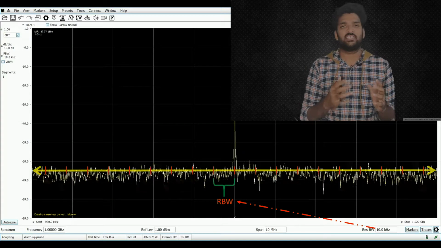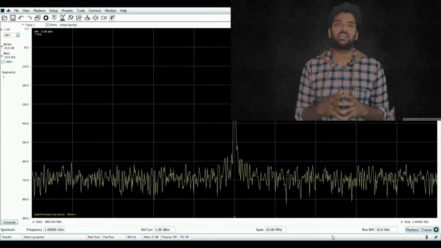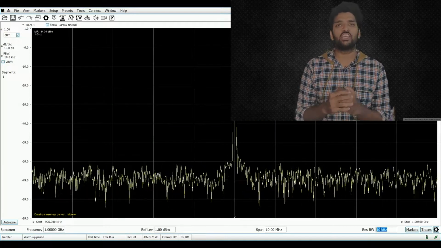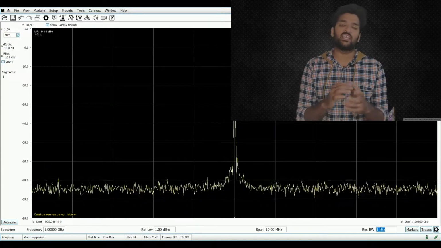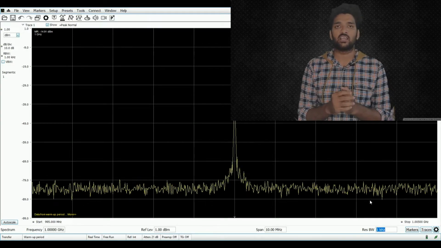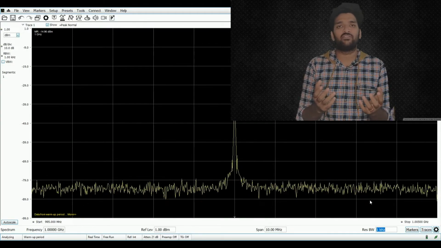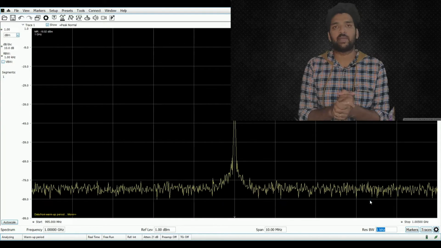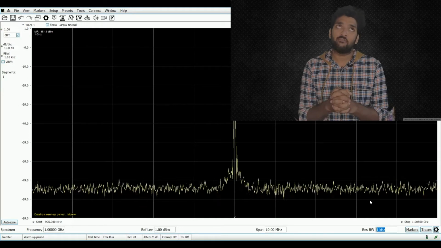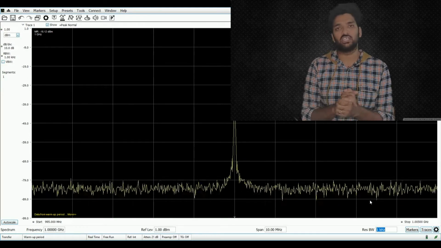So let's take an example and calculate how many points. These points literally also mean the FFT points. So let's calculate how many points we will have for certain settings in a spectrum analyzer. Let's take a frequency of 1 gigahertz, a span of 10 megahertz and a resolution bandwidth of, let's say, 1 kilohertz.